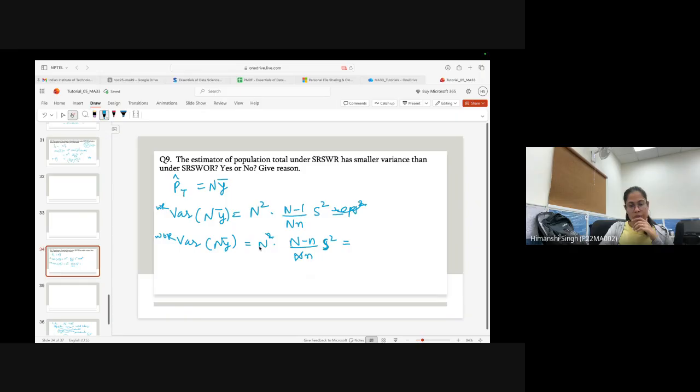Now if I multiply this quantity, it is N square by n, so this is N square by n S square, minus N S square.